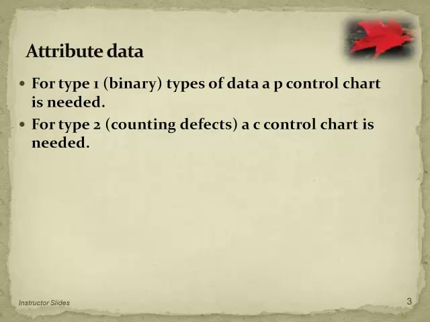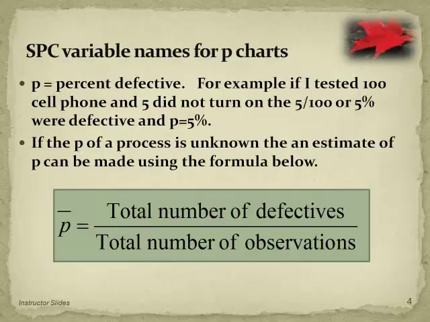If, however, I am using the second type where I'm counting the defects, like counting the number of defects in an automobile that has just been assembled, then I'm going to be using a C chart. And in this part, we'll be going through the case study for a P chart. P stands for percent defective.